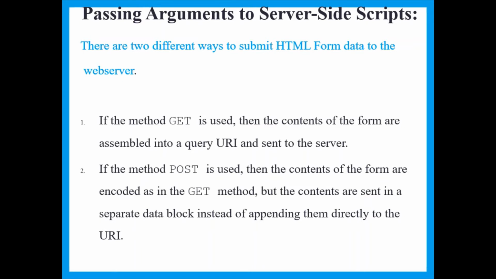Thus, in the get method, the form contents are directly visible to the user as the constructed URL, whereas in the post method, the form contents are sent inside the HTTP request message body and are not visible to the user.